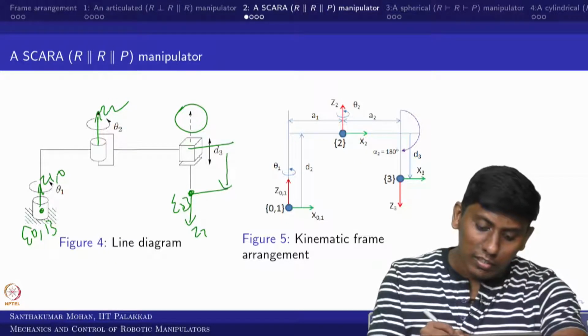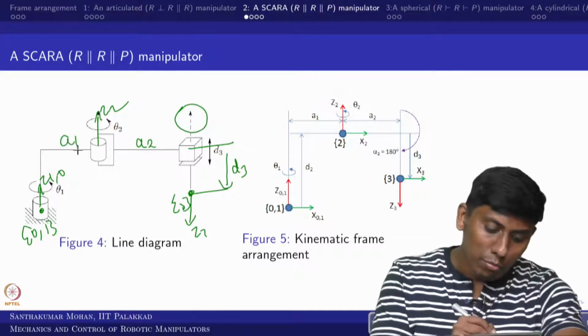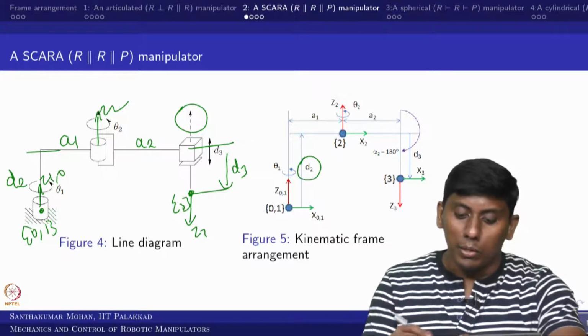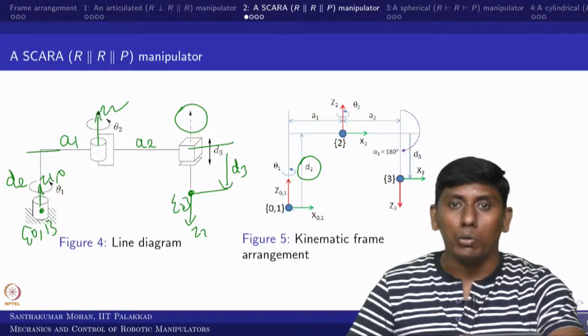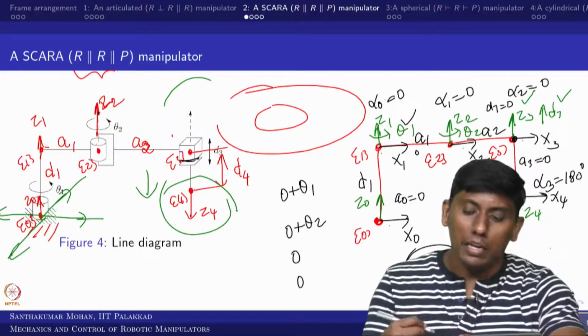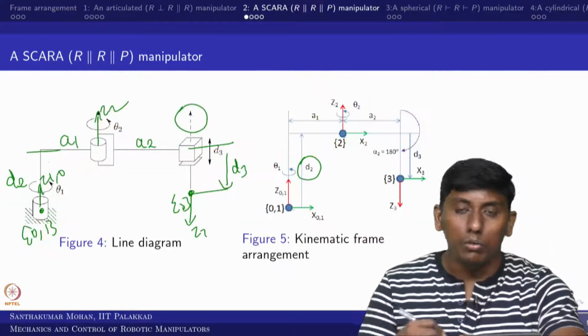This distance is the variable d3, this is a2, this is a1 and this distance is d2, okay. That is what you can see, right, because from 1 to 2 I am looking at a vertical distance. So the frame can be arranged in two ways, either this side or this way.